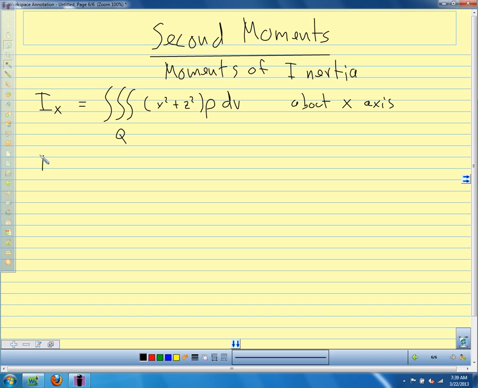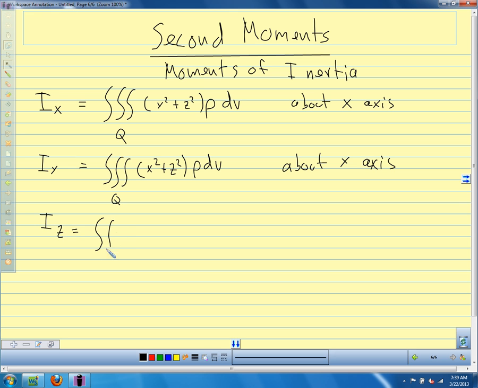The others are just the different combinations of our variables. This one's about the y-axis. Same thing for our second moment about the z-axis. So there are our three moments about the coordinate axes.